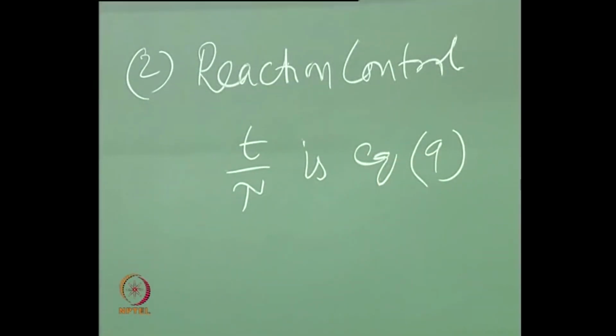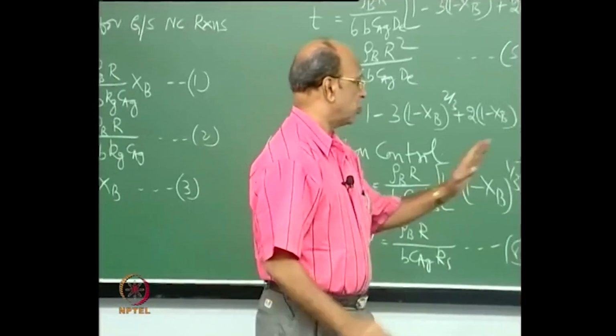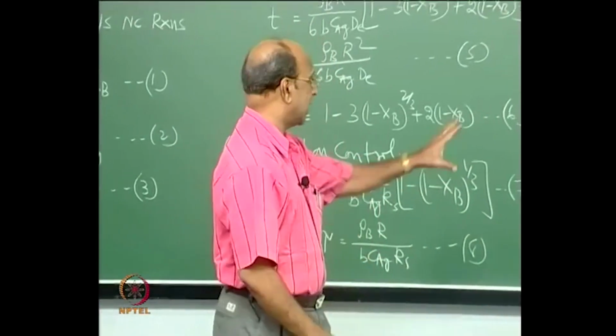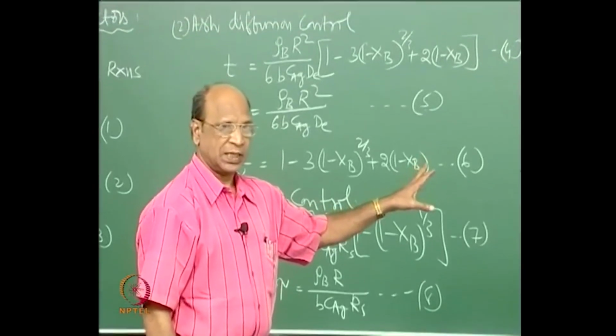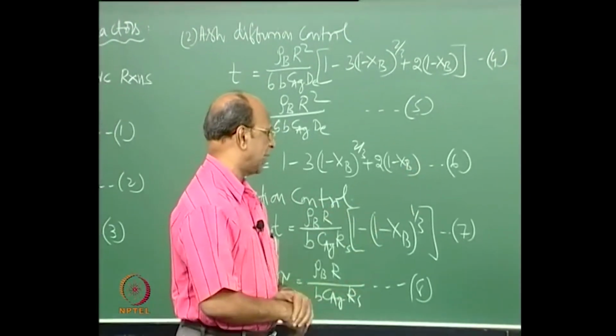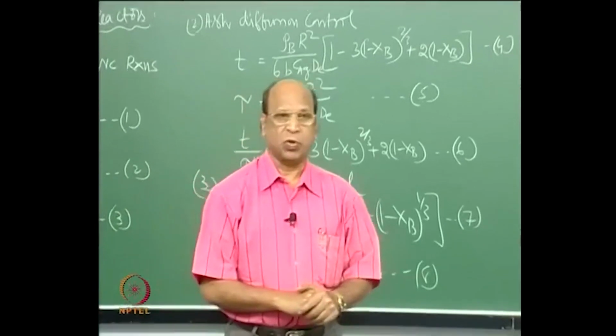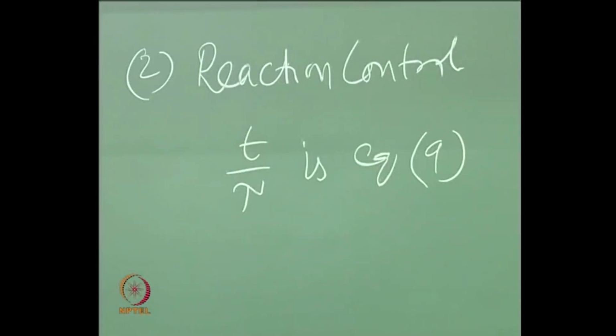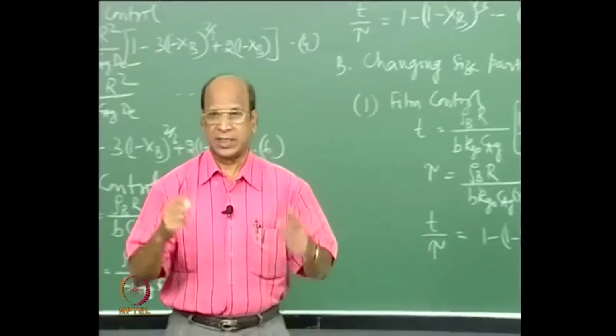You do not have to repeat it again. So, these are the equations you should remember for the design, because these are the kinetic models, which will give you the relationship between xb and T by tau or T, because tau also you know. Good. Once I have this, the next one is contacting.